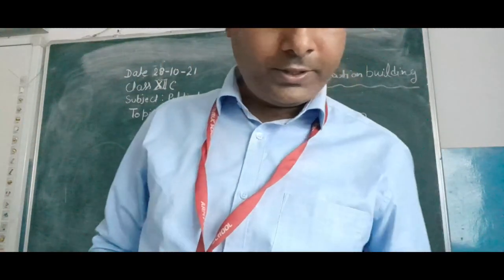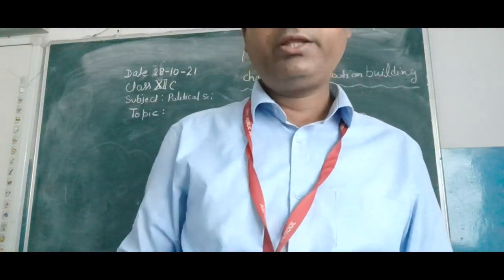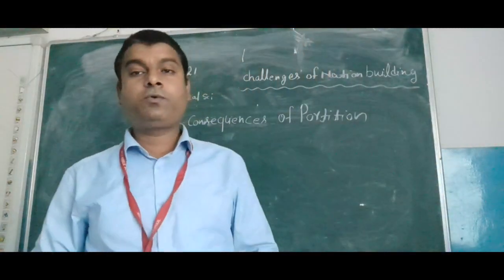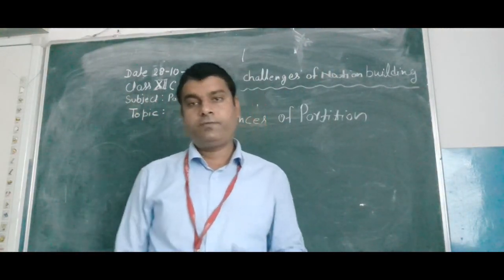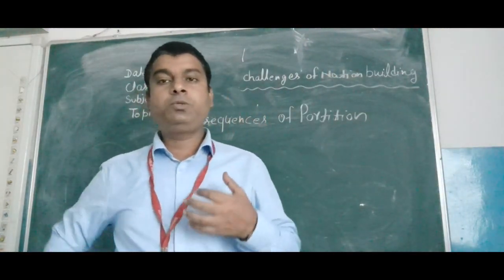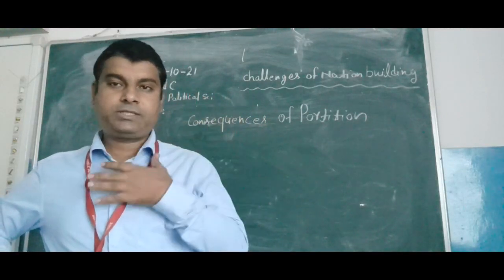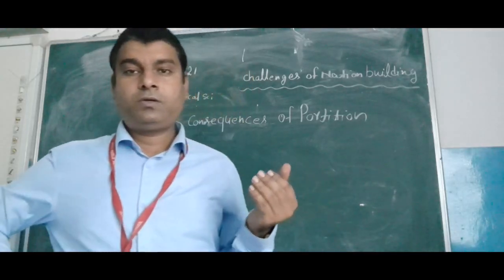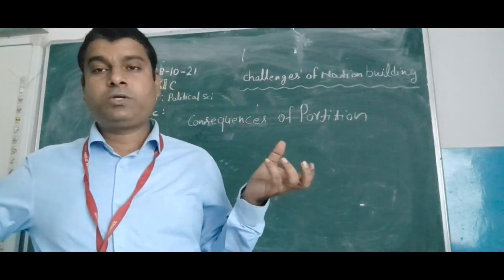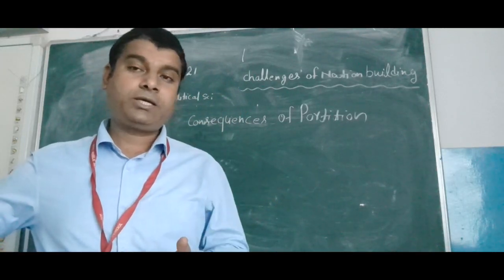Basically, Amritsar, Kolkata and Lahore, these three areas became communal zones. The Hindus and Sikhs were coming from Western Pakistan. So on their path, violence was committed by Muslims against the Hindus and Sikhs.